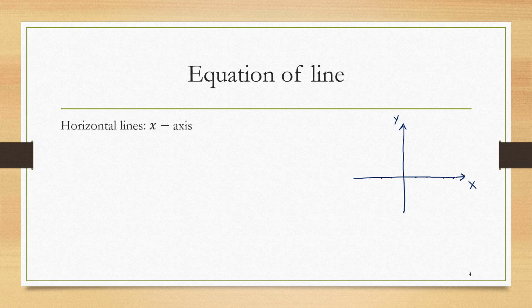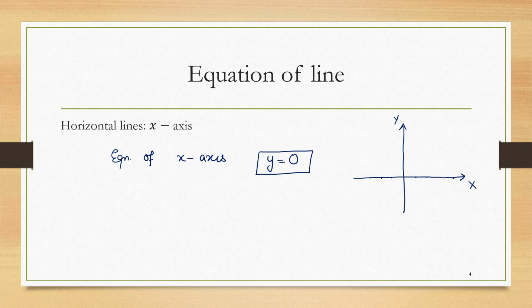Every point on this axis has y coordinate 0. So, equation of x-axis with the same logic is given by y equal to 0. Otherwise, you can also think like x-axis is a line 0 distance apart from itself. So, a is equal to 0 here. So, y is equal to 0.